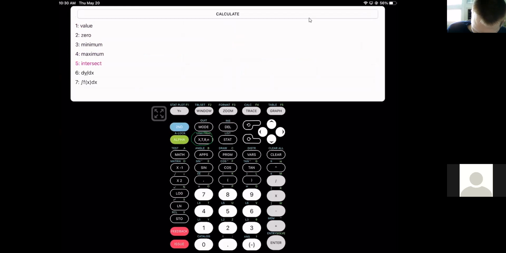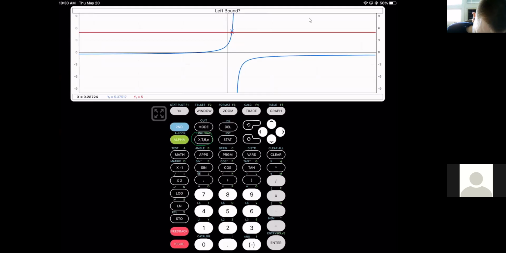When you do the intersect function, it's going to ask for a left bound and a right bound. It's weird how there are two x's on this calculator; I don't think a regular graphing calculator has two, but I could be wrong. When it says left bound, you just want to be to the left of where it intersects.